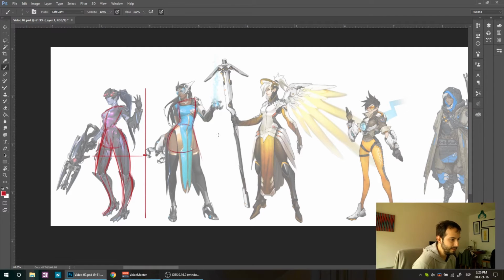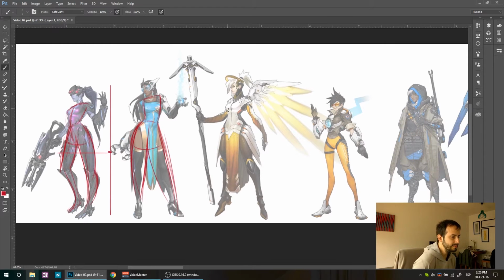These two, Zenyatta and Mercy, they have really strong legs, really wide hips, just a little bit wider and stronger than Widowmaker's. Especially Mercy, you can see that this part, the ribcage, is super small compared to Zenyatta, that is just a little bit longer.